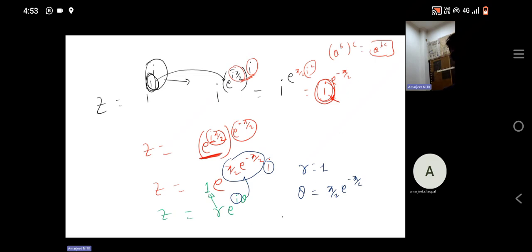So the complex number z is equal to i to the power iota has modulus 1, and argument is this thing, pi by 2 e to the power minus pi by 2.